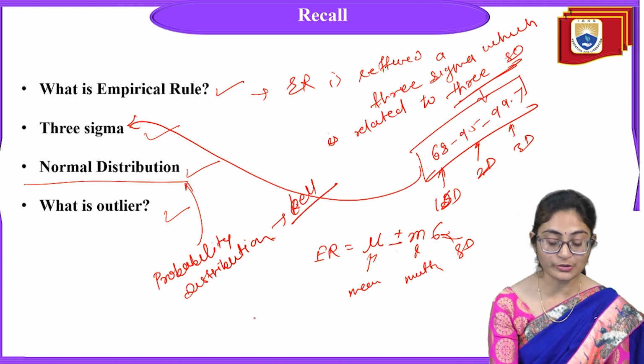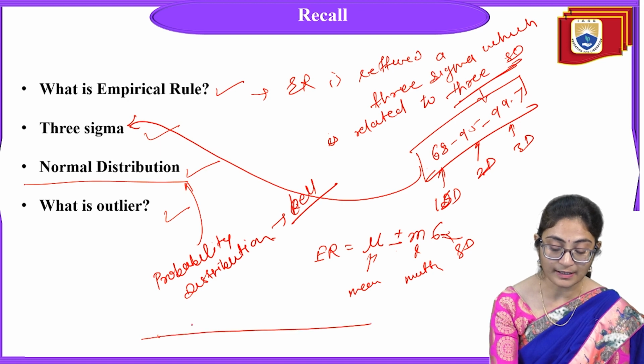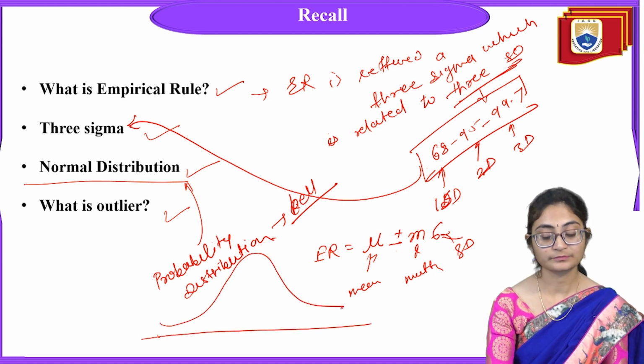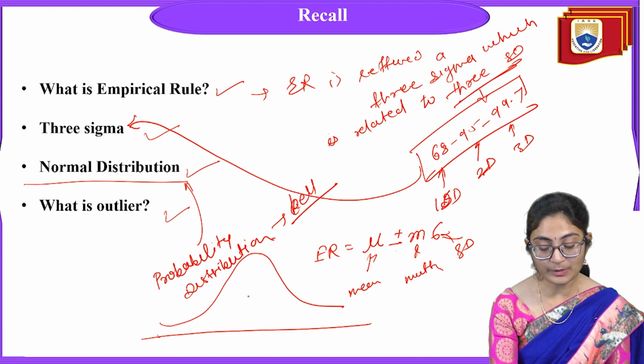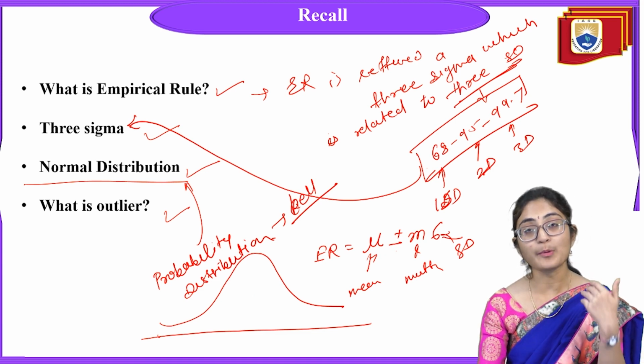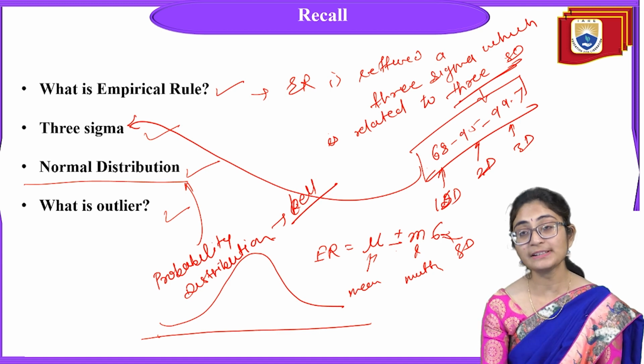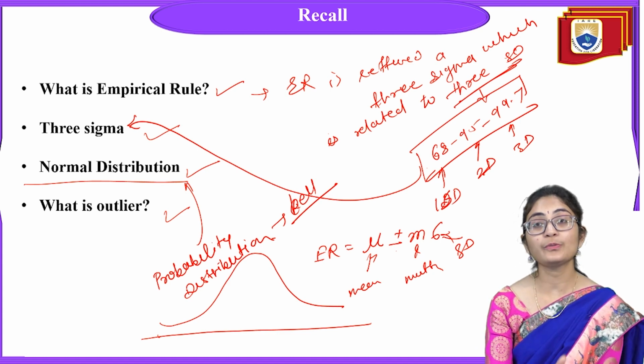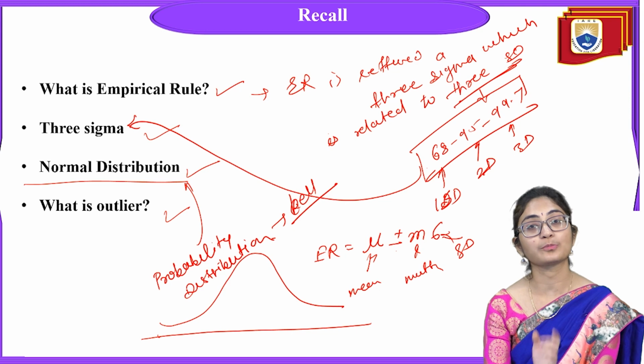In the normal distribution, these sigmas are also involved, and we can show this data like this. This is your normal distribution, and in it you show the probability distribution with the mean and all these things.